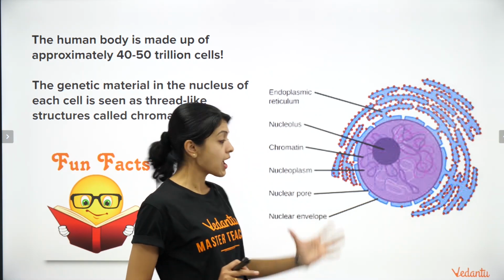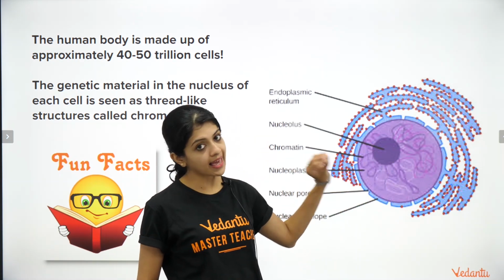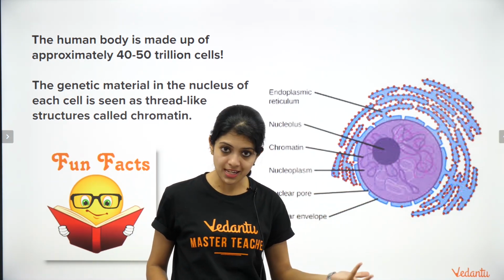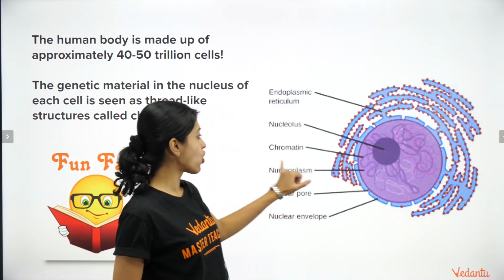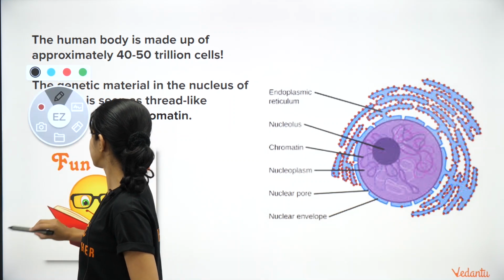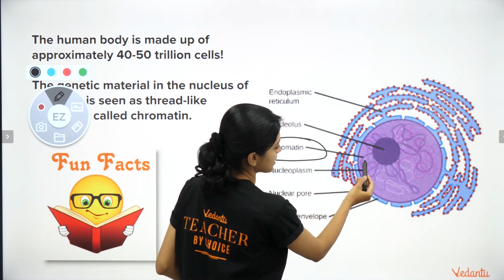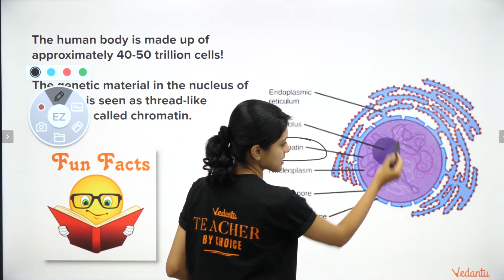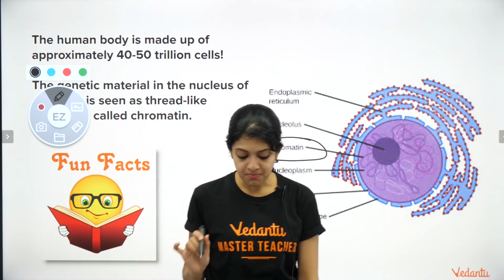The most important part in the nucleus is definitely the genetic material, which is seen as thread-like structures called chromatin. This is what chromatin is, the thread-like structures that you see here scattered all over. Chromatin.